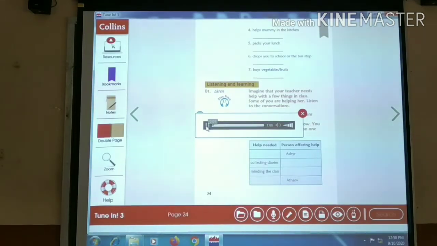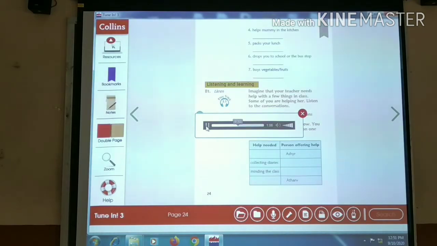Now listen to the conversations again. Fill in the missing information in the table below. You can listen to the conversation one more time if required. Oh dear, there's no chalk here. Can I get you some from the office, ma'am? Thank you, Ashit. You're welcome, ma'am. Now, kids, I need to sign your diaries. Sneha, can you collect them for me, please? Yes, ma'am, sure.